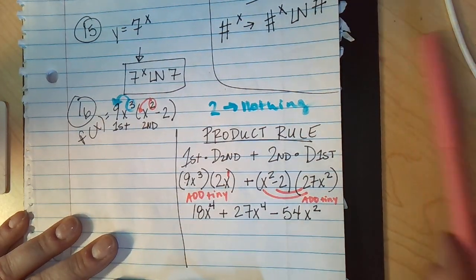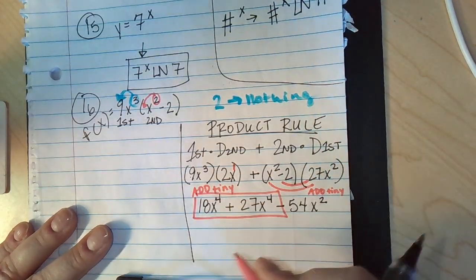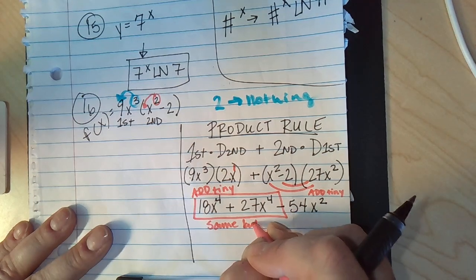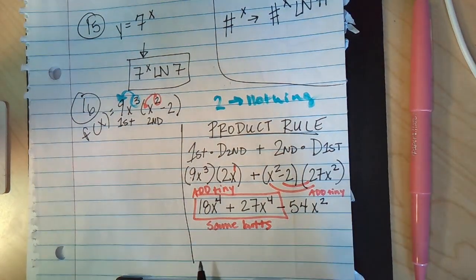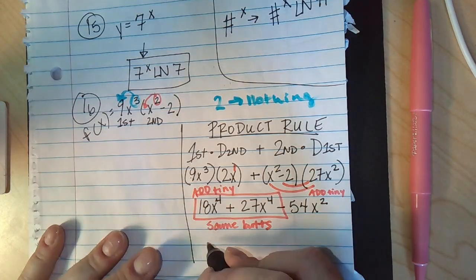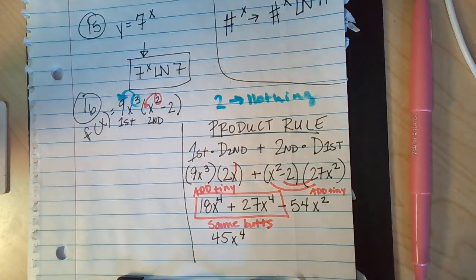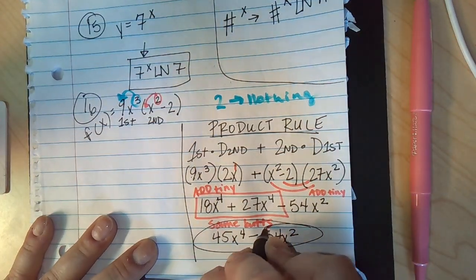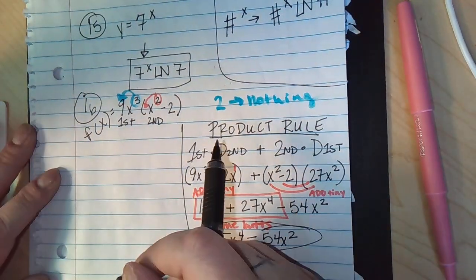Then I combine these first 2 terms because they have the same variable part. So 18 plus 27, oh my goodness, I think it's 45, but you don't change the exponents. 45x to the 4 minus 54x squared. That's the derivative if you use the product rule.